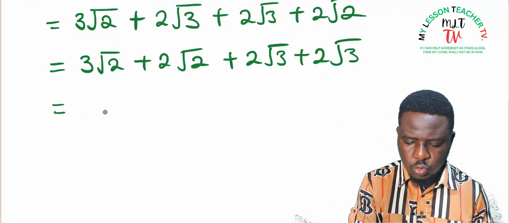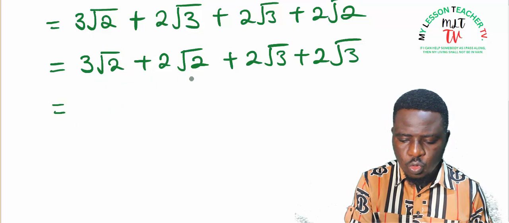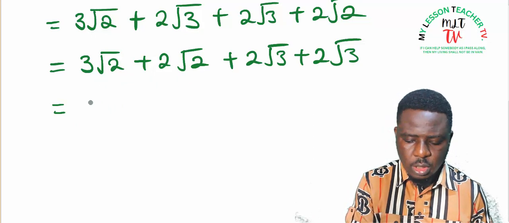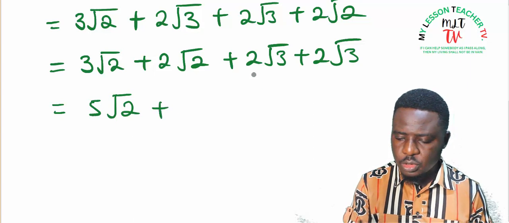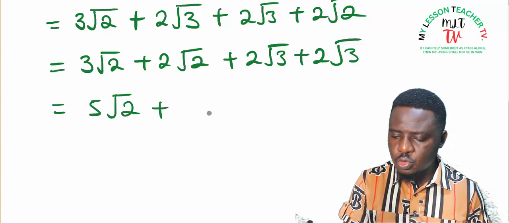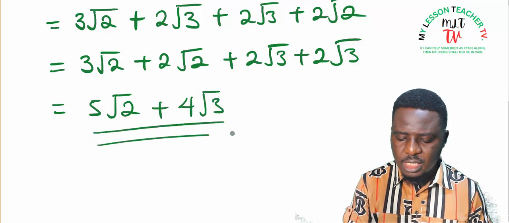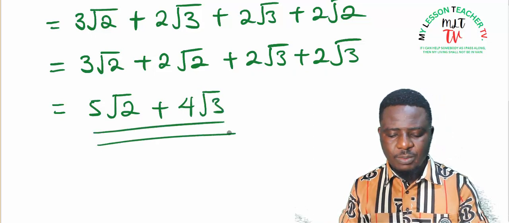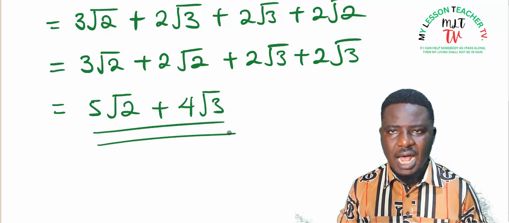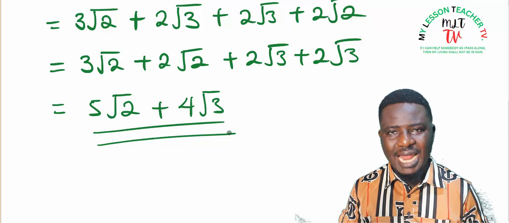This is equal to 3 root 2 plus 2 root 2 gives us 5 root 2, plus 2 root 3 plus 2 root 3 is said to be 4 root 3. And this is your answer. We cannot simplify this further because root 2 and root 3 are said not to be like terms.